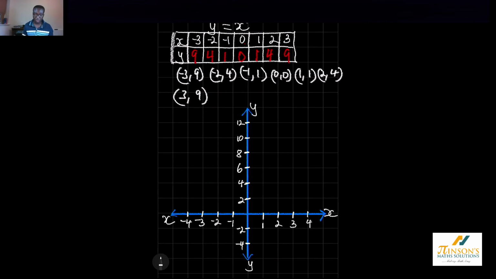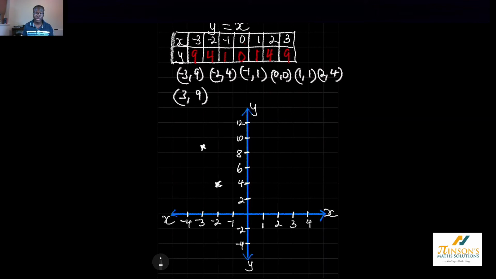Okay, so when I come to my graph, I want to plot the first one, and it would be good to just pay attention one step at a time. So we've got -3 along the corridor, which is somewhere here, and then 9 there. So 9 will be between my 8 and my 10. So I've plotted that bit. The next coordinate is -2 along the corridor and 4 up the stairs, and that is 4 there.